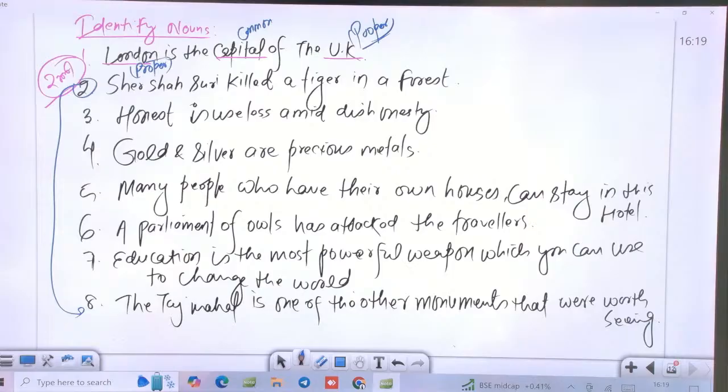Do whatever you know. There can be more than one noun in a sentence.